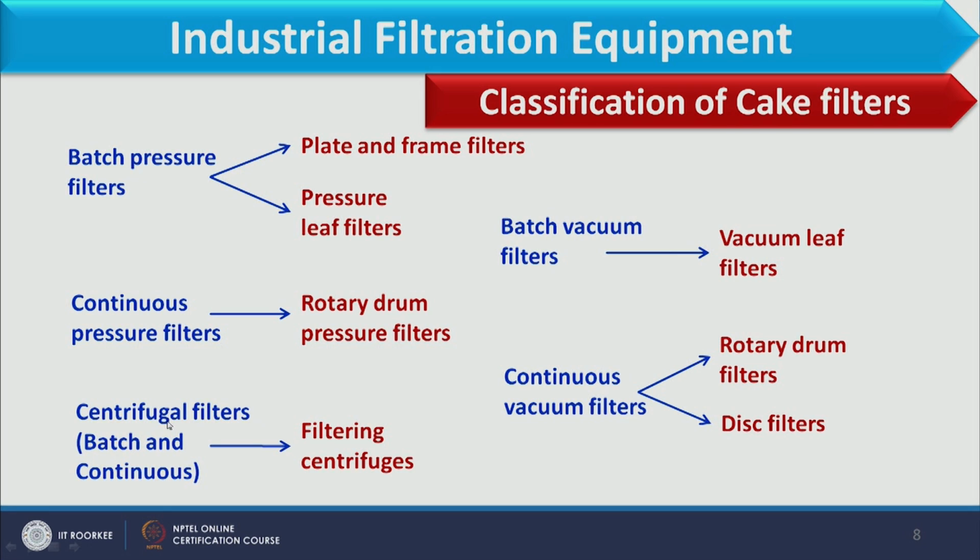Along with this we have centrifugal filters which can be operated for batch as well as continuous operation, and under this category filtering centrifuges are found. So these are some of the classifications of different cake filters.